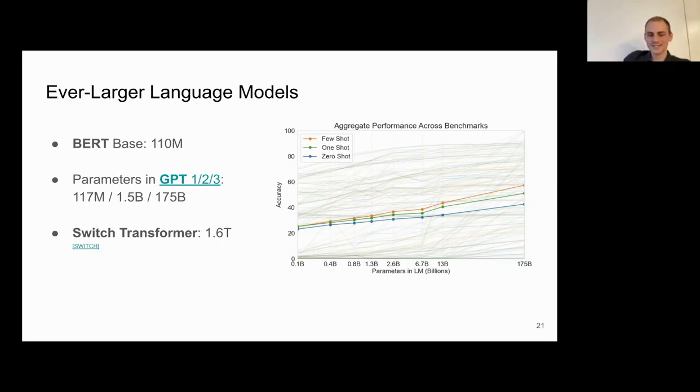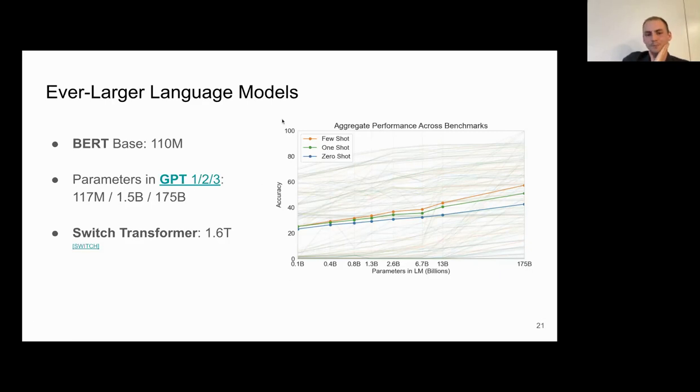An open question here is also, let's look first at this plot. The plot is showing the model performance aggregated across a couple of benchmarks, plotted against the number of parameters that the language model has. Be aware, it's a logarithmic scale. Here we have the 175 billion, which is GPT-3.